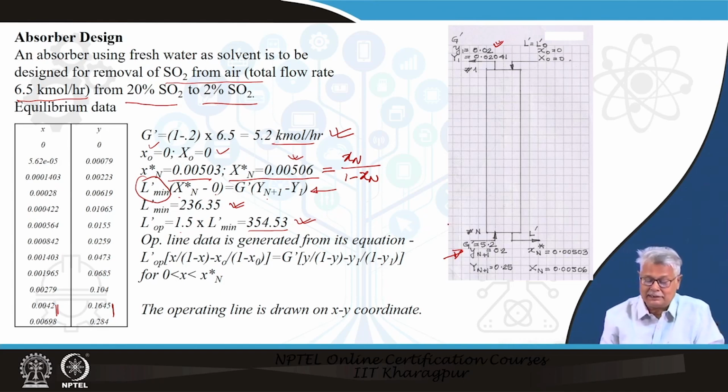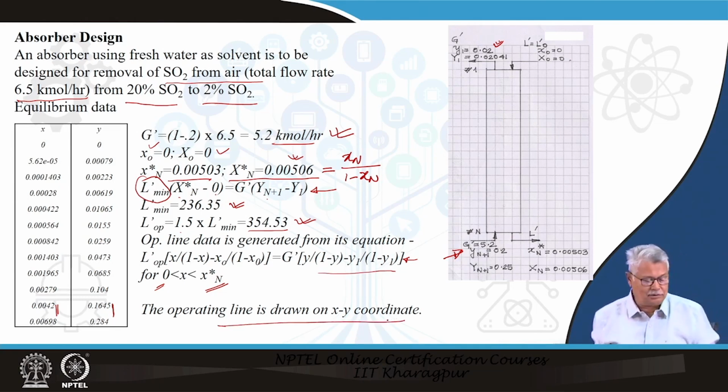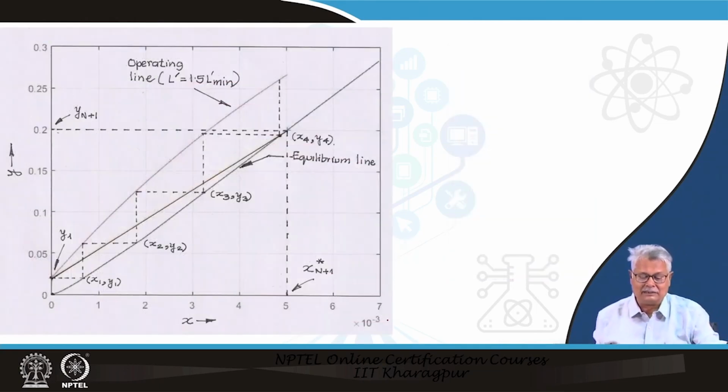Now what we do again is we write the operating line equation here, and we know my range of interest in X will start from 0 and the maximum value can be Xn star. So if we take different values of X, it's possible for me to find out the corresponding values of Y and plot the operating line on the X Y coordinate. We have done just that.